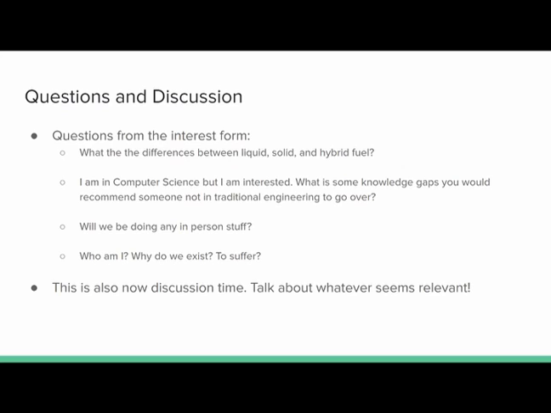So if you remember from the interest form, we had a question slot. Here were four questions we were asked. What's the difference between liquid, solid, and hybrid fuel? A purely liquid rocket has the oxidizer, such as liquid oxygen, and the fuel, such as hydrogen, in a purely liquid, cryogenically cooled form. These are pressurized and mixed together in a chamber and ignited.